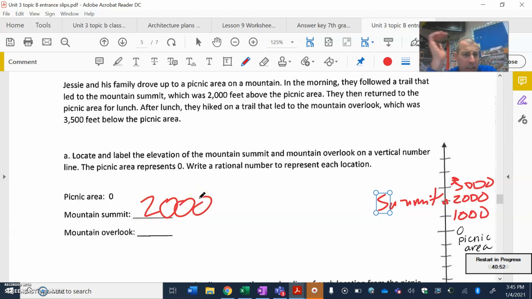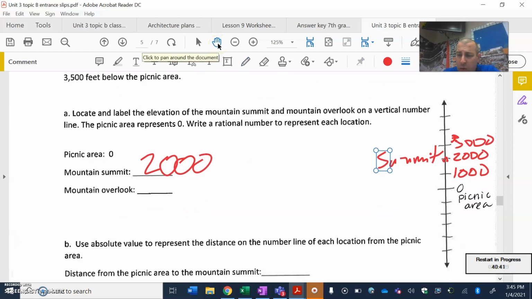Now, they then returned to the picnic area for lunch, and they hiked a trail that led to the mountain overlook, which is 3,500 feet below the picnic area. If I'm going to count by thousands, that would be a negative 1,000, a negative 2,000, a negative 3,000, and there's my negative 4,000.